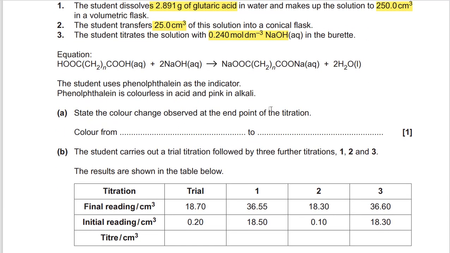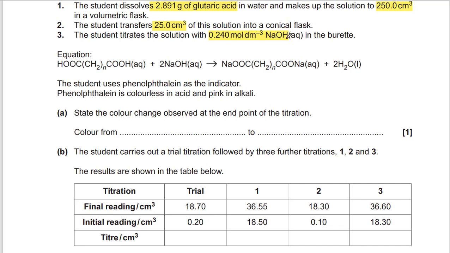So they give you the indicator. It says phenolphthalein is colorless in acid and pink in alkali. What is the color change at the end point? So basically this is just asking you to figure out what you are adding to what. Remember that the important part to answer this question is given up here.